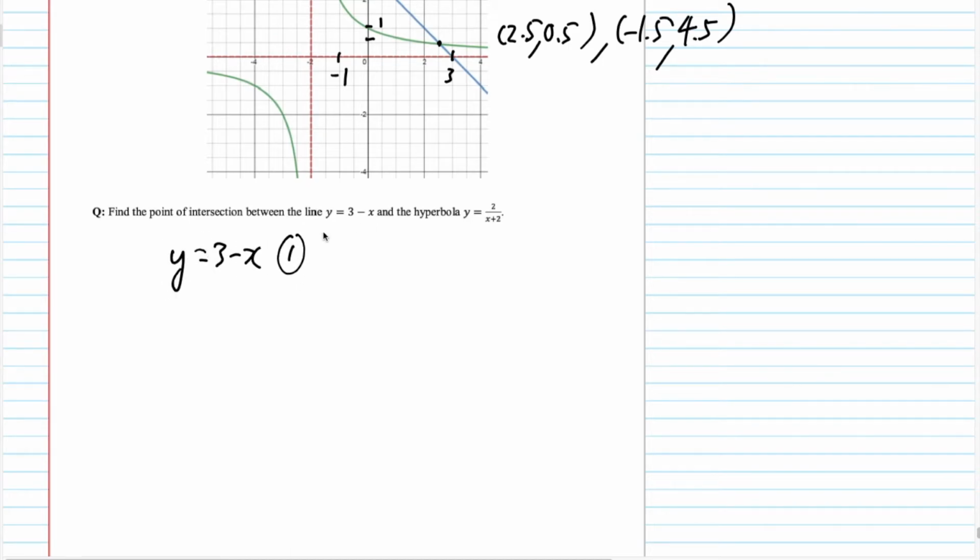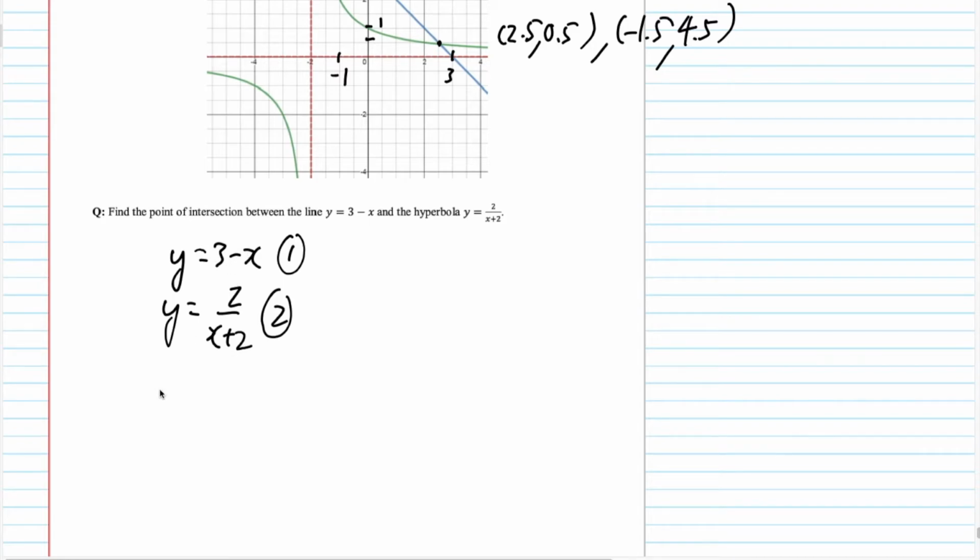You have equation 1 and equation 2, and you have to find the point of intersection. Like I said, with simultaneous equations involving a straight line and a curved line, you're most likely going to be using the substitution method and not the elimination method.